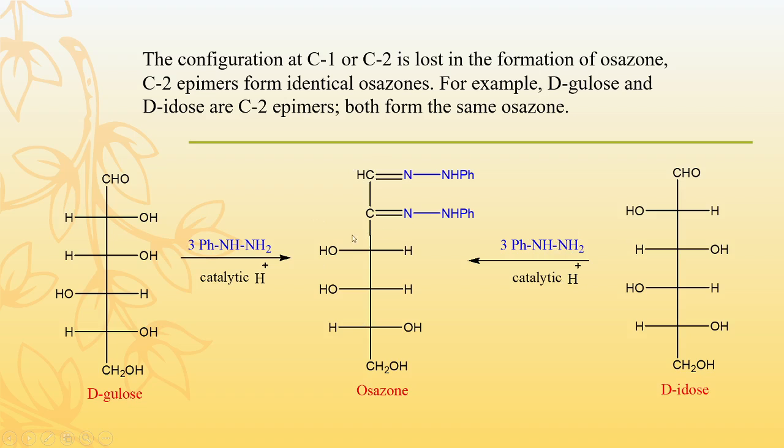That means the C2 epimers give the same osazone because C1 and C2 have lost their configuration in the formation of the osazone, and the remaining moiety is the same in D-idose and D-glucose, therefore they give the same osazone.